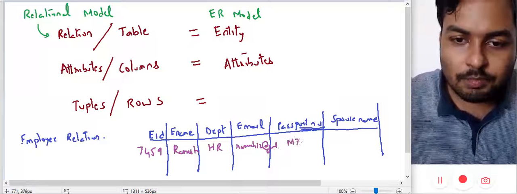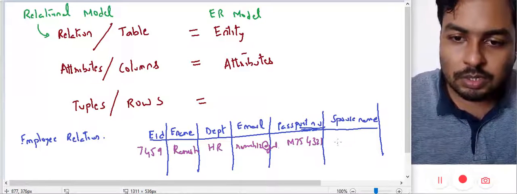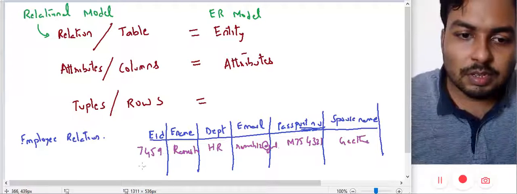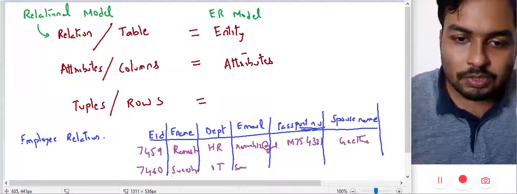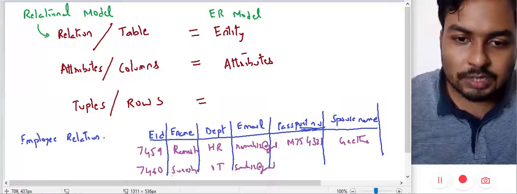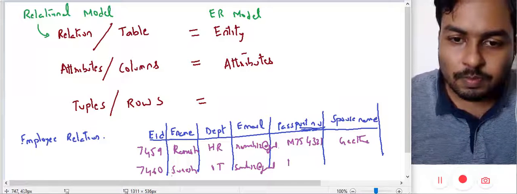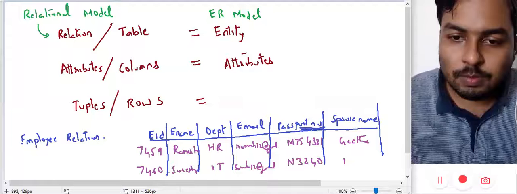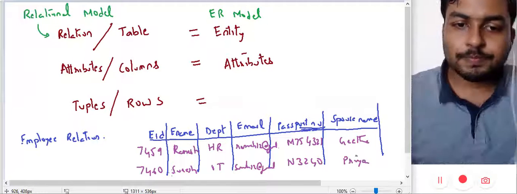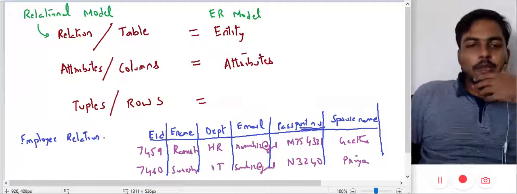Passport number M754321. Spouse name Geeta. Next, employee ID 7460. Employee name Suresh. Department IT department. Suresh12@gmail.com. Passport number N3240. Spouse Priya.